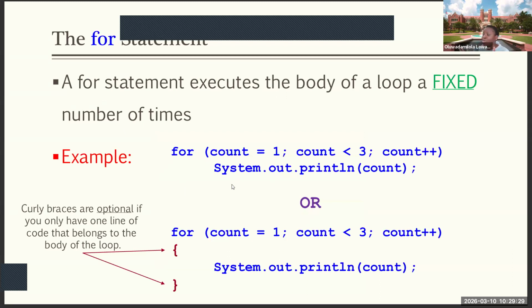This is similar to what we have in the conditional statement. The curly braces could be optional when we have just one line of code to be executed if the condition is met. What are the curly braces doing?